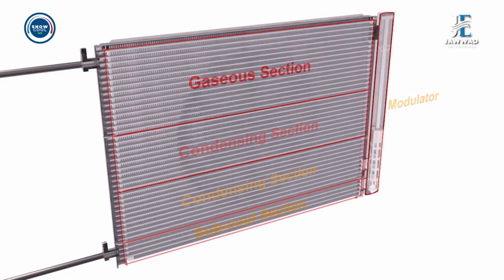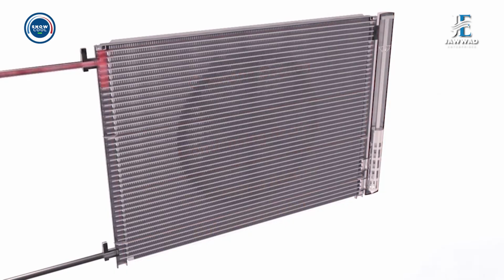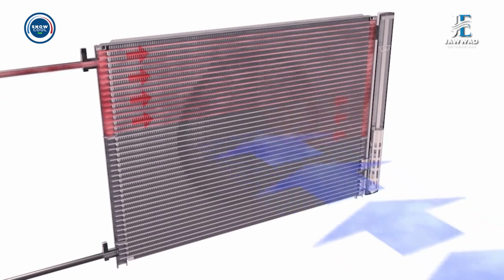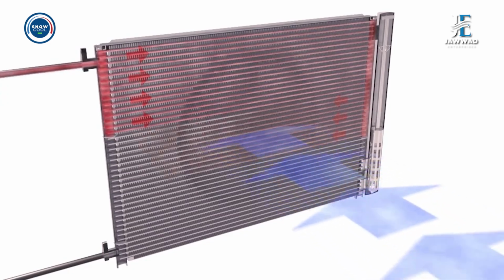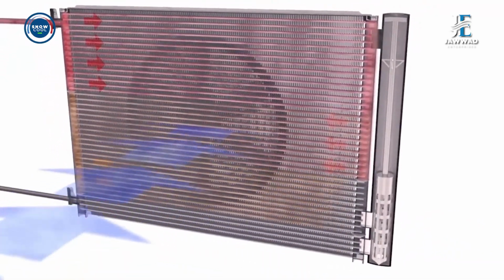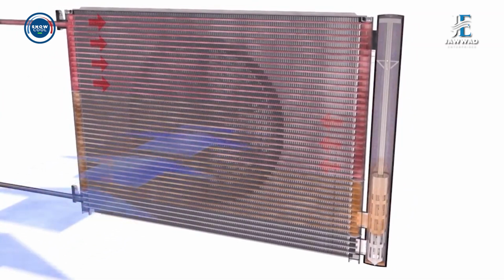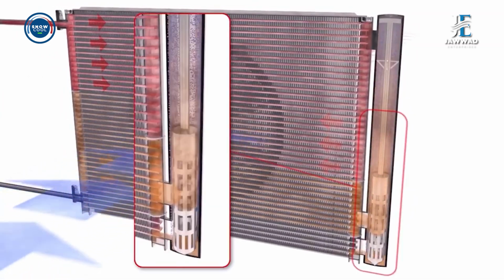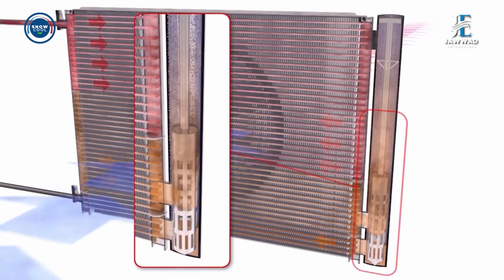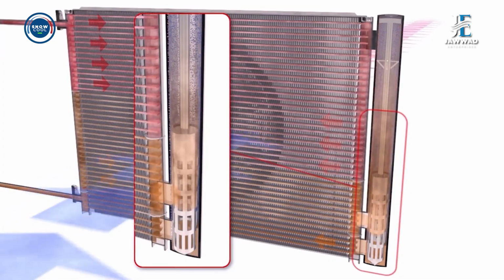The gaseous, condensing, and subcooling sections consist of tubes and fins, and as the refrigerant passes through the gaseous section, the heat contained in the high-temperature refrigerant gas transfers through the fins to the outside air. This loss of heat reduces the gas temperature, which allows the gas to condense within the condensing section, where it naturally changes state to a liquid.